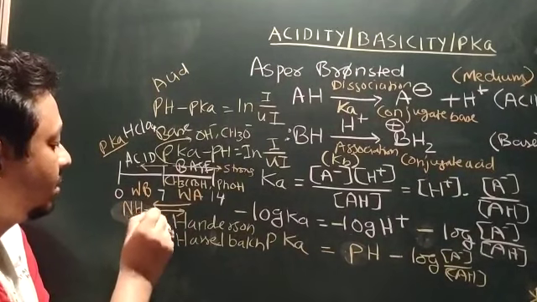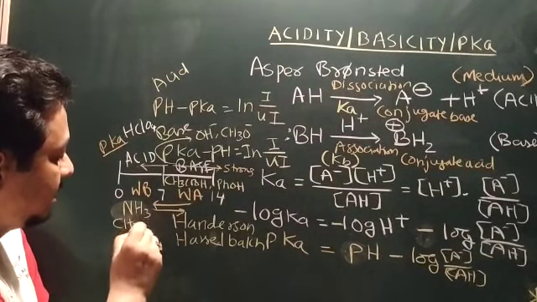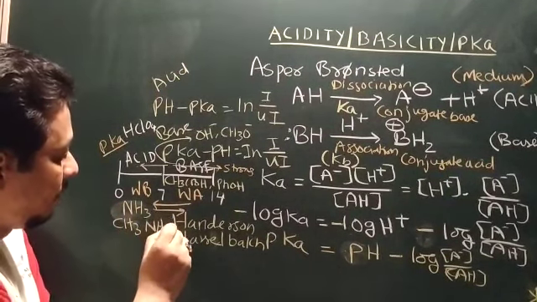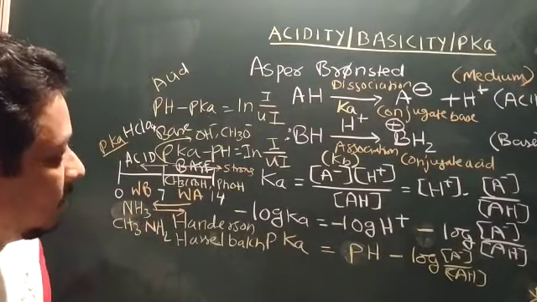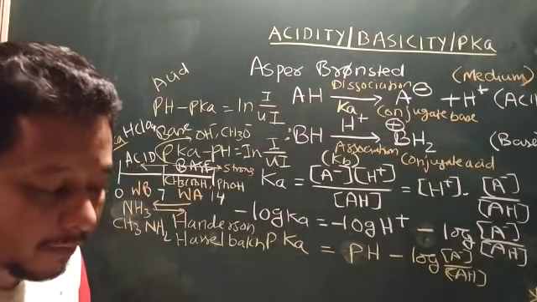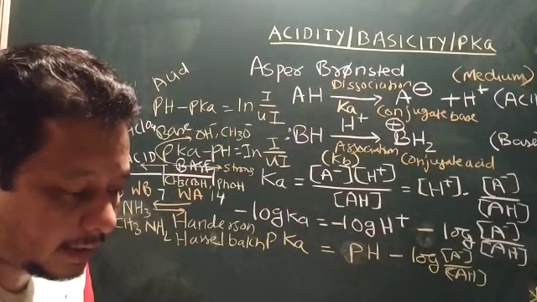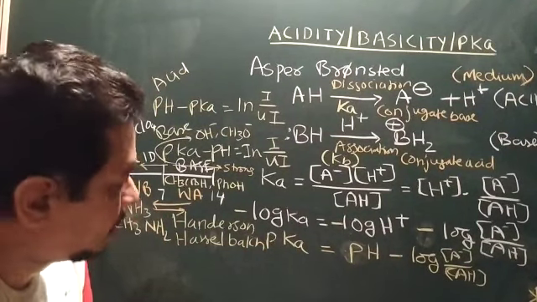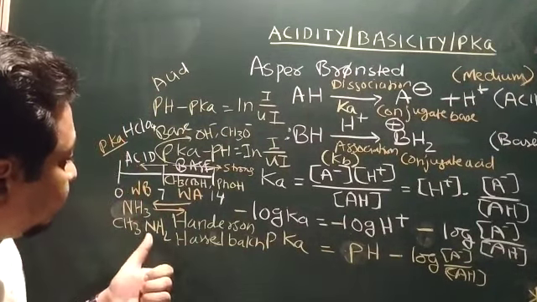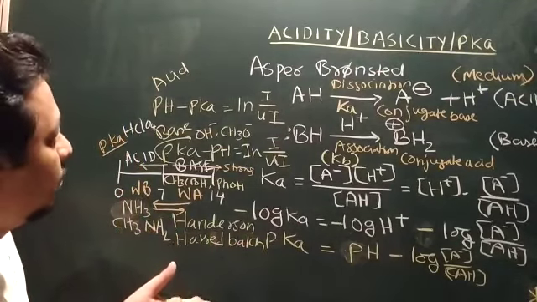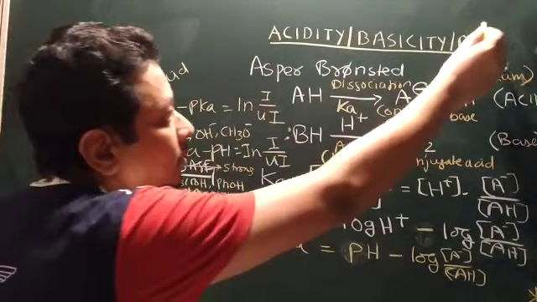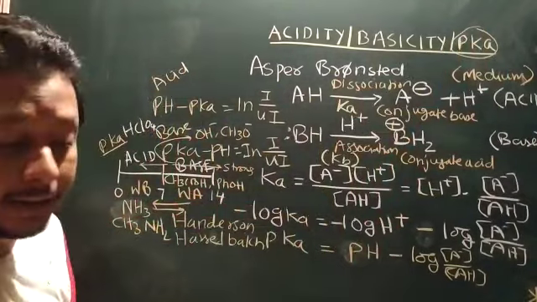Yes, ammonia is a weak base. Then methylamine is a weak base. These are the weak bases, and these are the examples. So the pK value is very important to understand acidity and basicity.